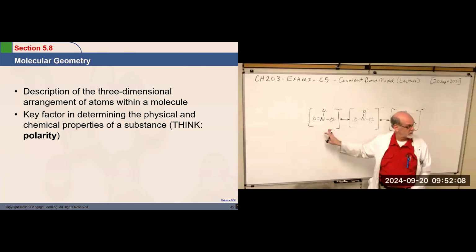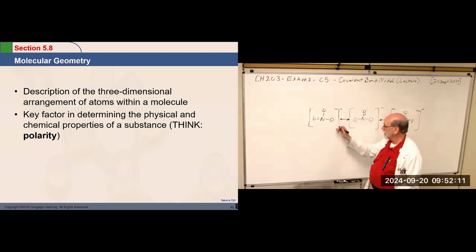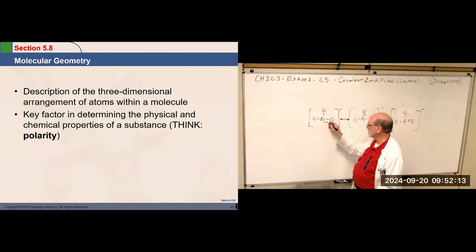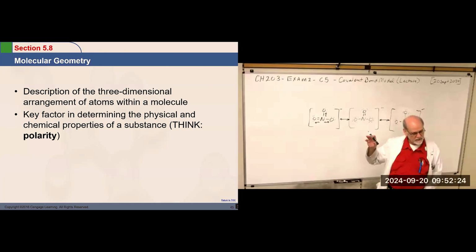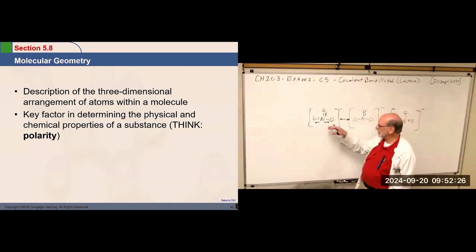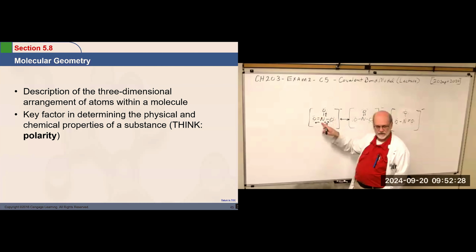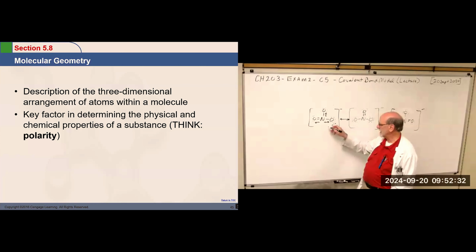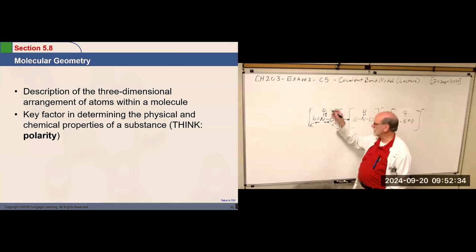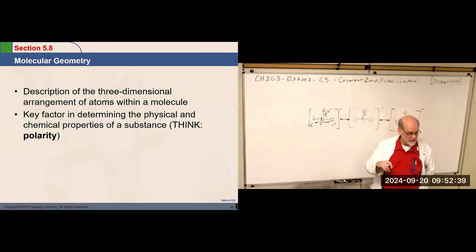So oxygen is to the right of nitrogen, and it's going to pull electrons that way, and that way, and this way. What does that do? Well, it doesn't break the bonds. It just means the electrons spend more time over here than they do over here. So it gives you a slight negative on these oxygens and a slight positive on the nitrogen.